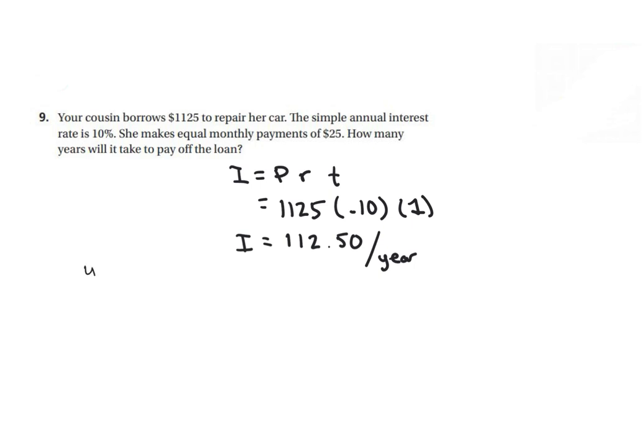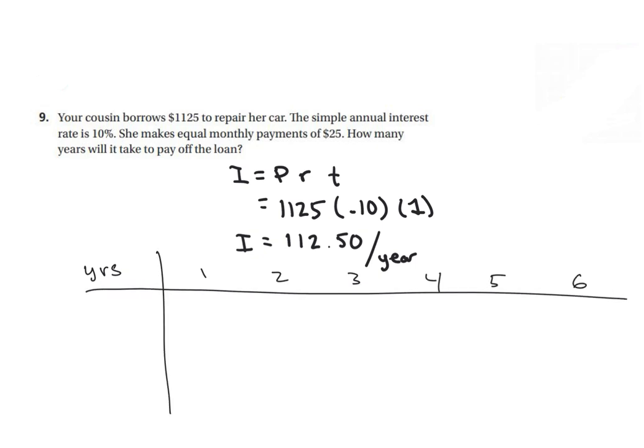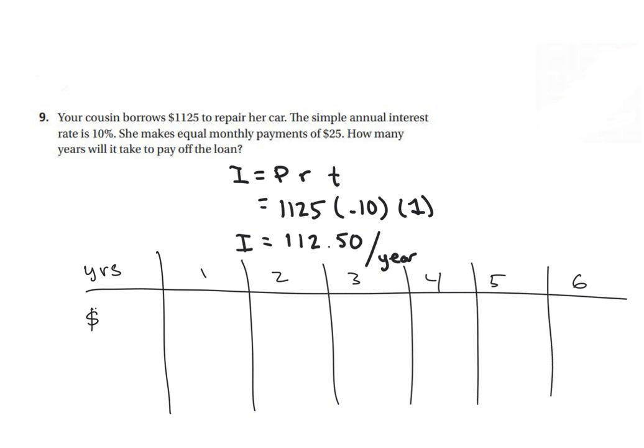So let's go with years. 1, 2, 3, 4, 5, and 6. Money. And money paid off.